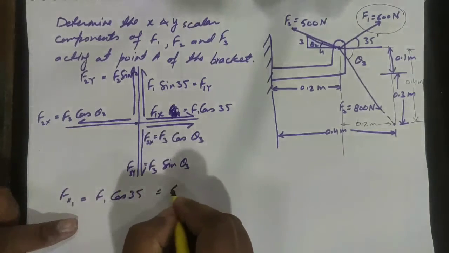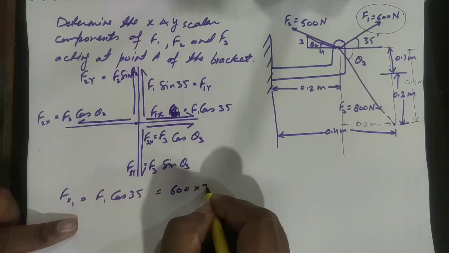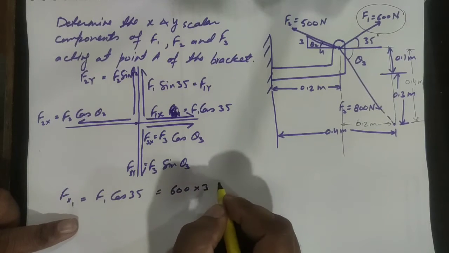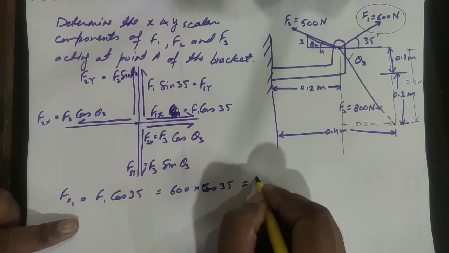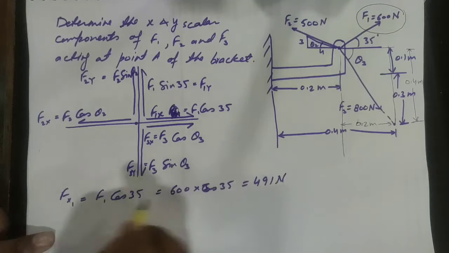The value of f1 is 600 and cos 35, so that will become 491 Newton.